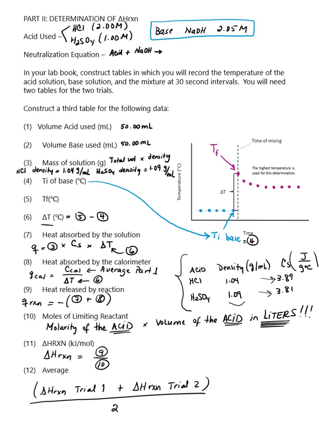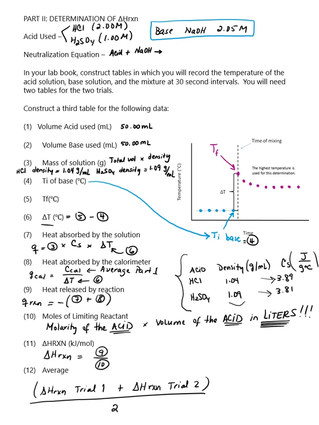If it's the amount of heat that the solution is absorbing, that number should give you a positive number. And you should know that that's going to happen because you can look at your temperatures. The initial temperature for the base is lower than your final temperature, the one you record for your mixture.